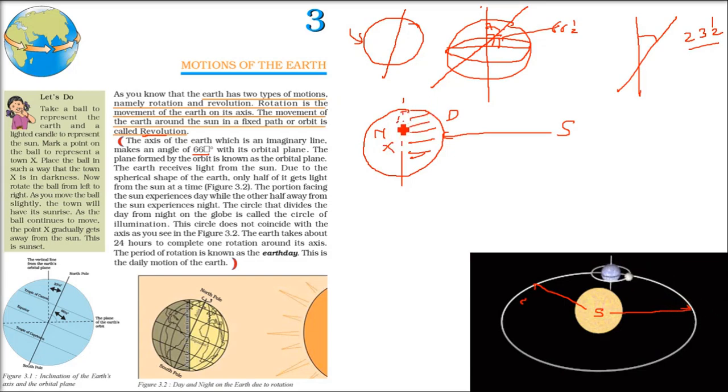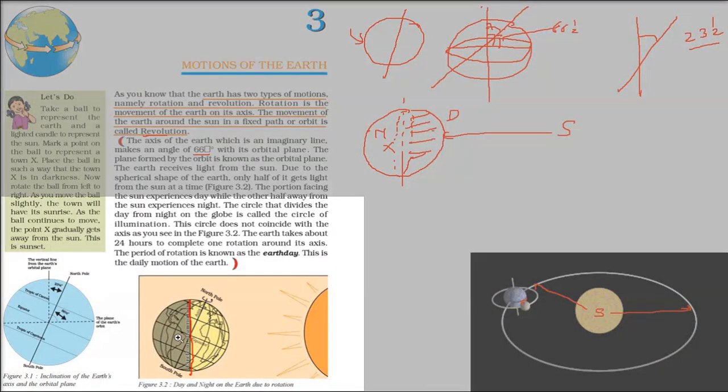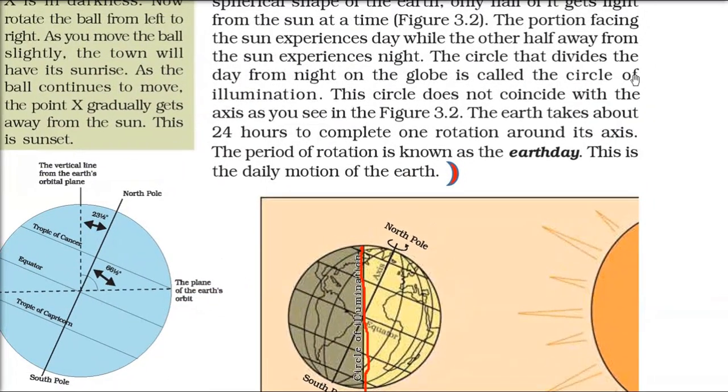Now this is a 3D picture. This is not 2D. So let me make a circle here. Now this line is actually a circle because it's 3D. So what is this line called? This line, or circle, is dividing the part which is having day and the part which is having night. We can give a name for this circle, and the name is the circle of illumination.